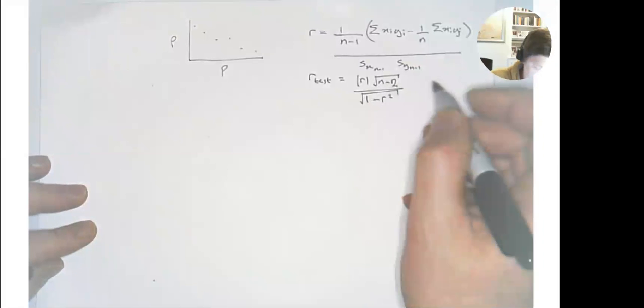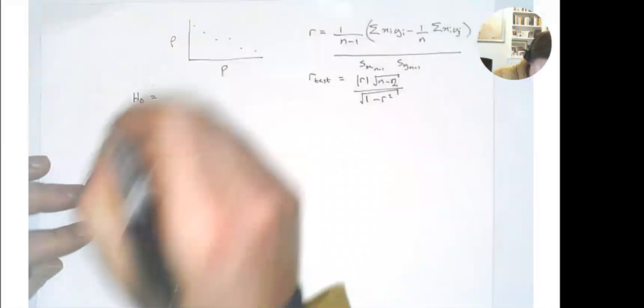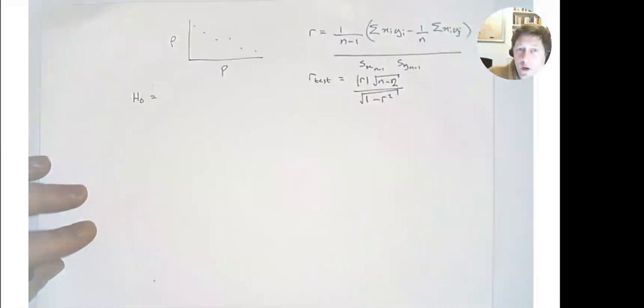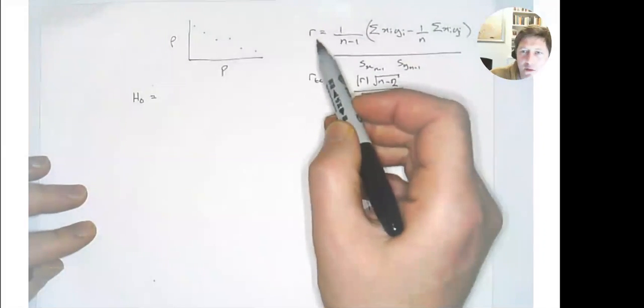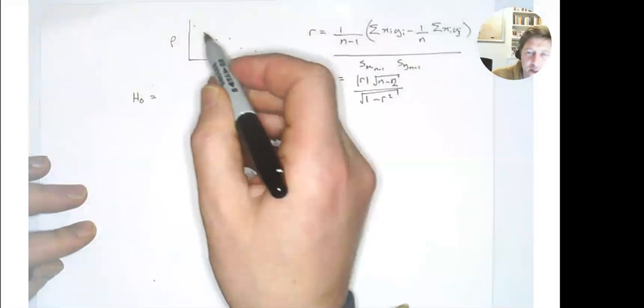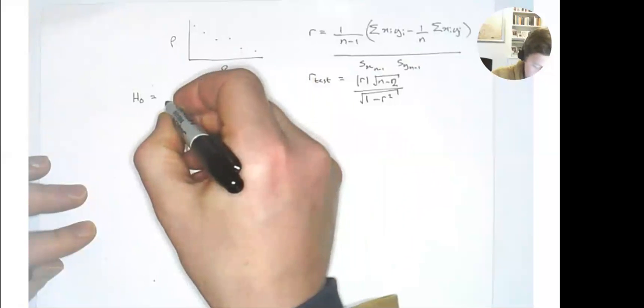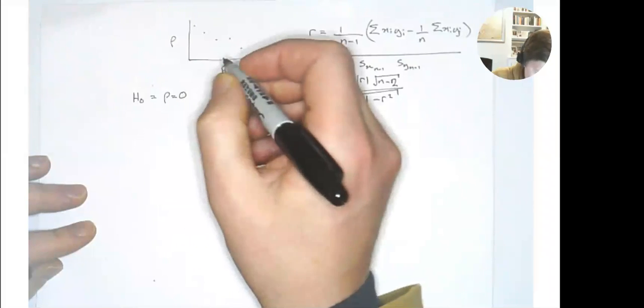So what we're going to look at is a hypothesis. What you're hypothesizing is that the coefficient of correlation of the actual population that this data came from is 0. So we're going to call that rho equals 0.